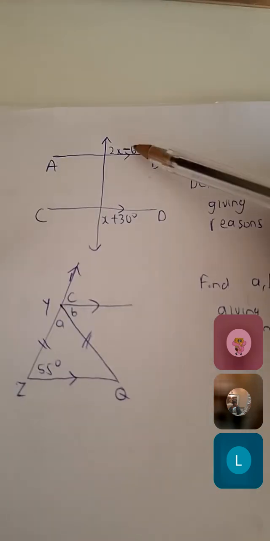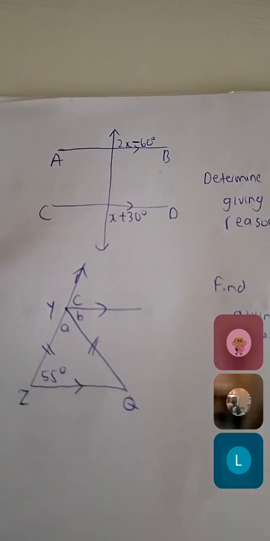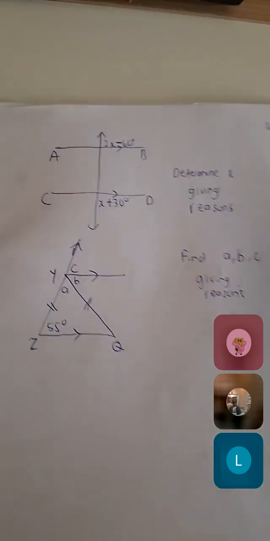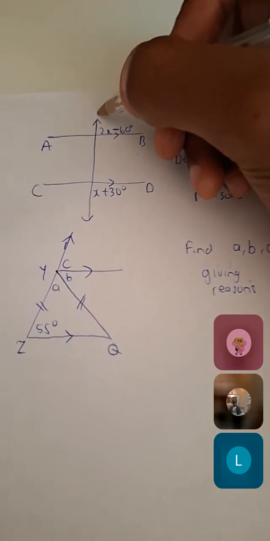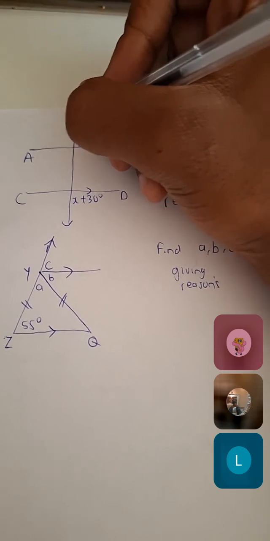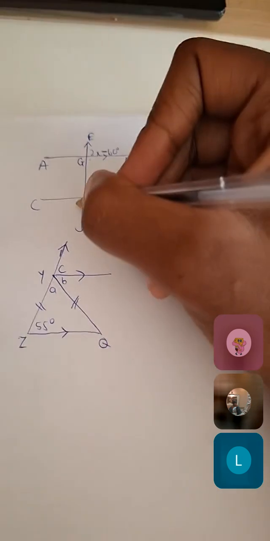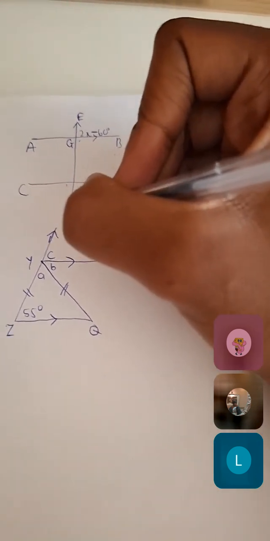Determine x giving reasons. So when I texted you, you added the G and the H and F. Okay, where did I add the G? What was here? You wrote E. E here, and then here? That's G. And then here? There you didn't write anything. Okay, I thought, here.